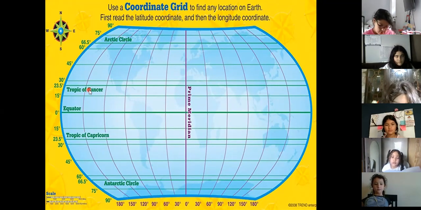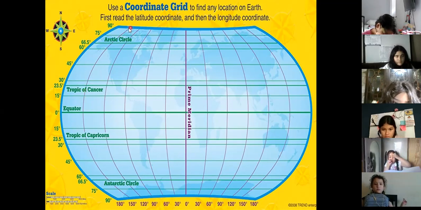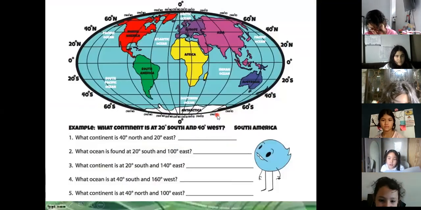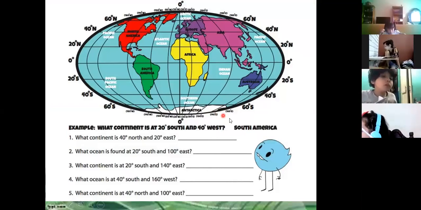But if we want to know the longitude, we need to check the other lines. Down here we have the information, but we're going to do it together in this example.